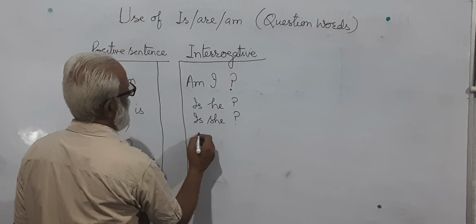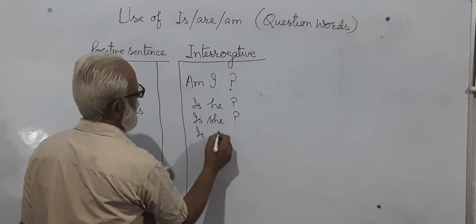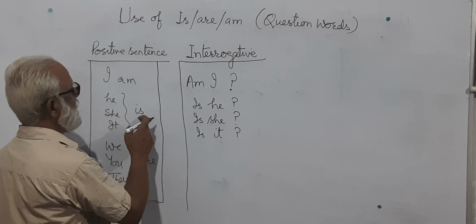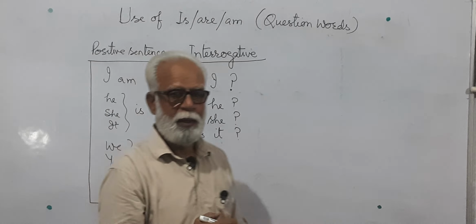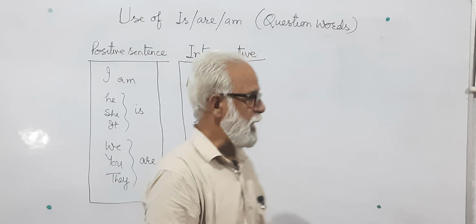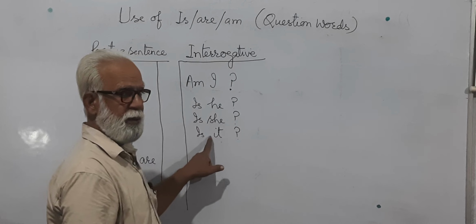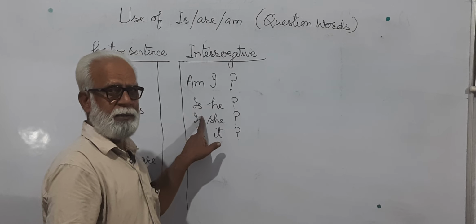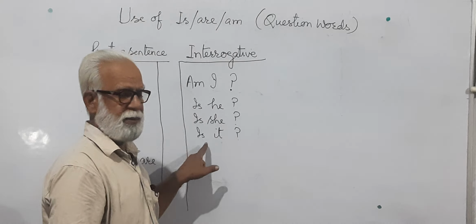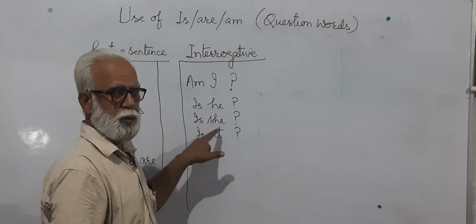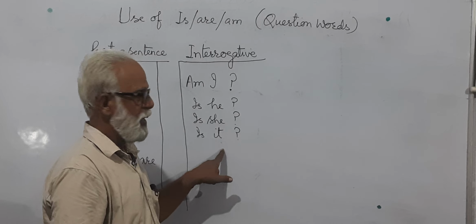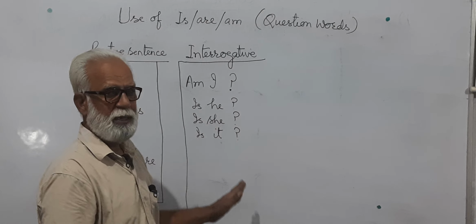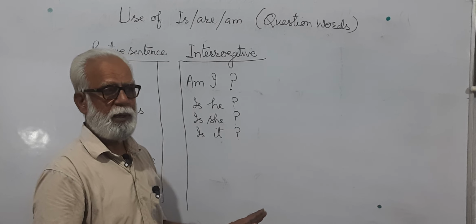Is it? Means auxiliary first, is first in case of he, she, it. We start the sentence with is. Is he, is she, is it. Then end with a question mark. This is an interrogative sentence. Right?